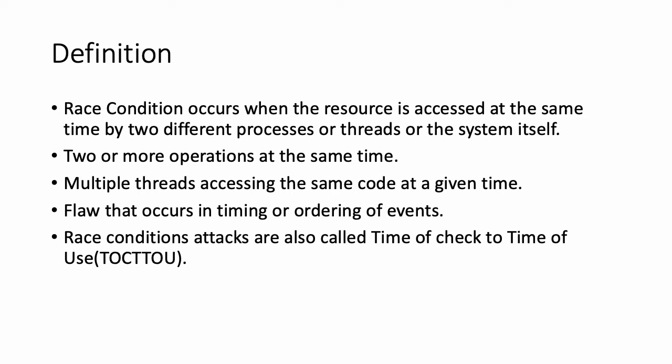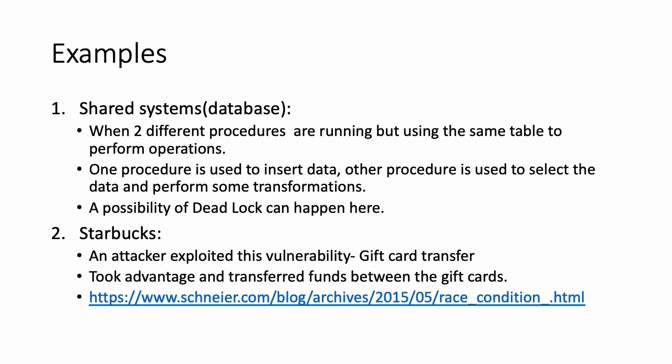These multiple threads compete for the resource, and the resulting final state depends on who gets the resource. So it is basically a flaw that occurs because of the timing or the ordering of the events or the multiple threads. These race condition attacks are also called time of check to time of use.